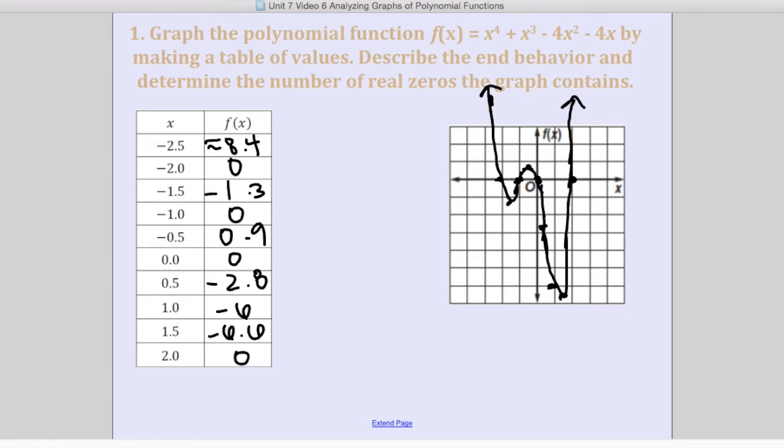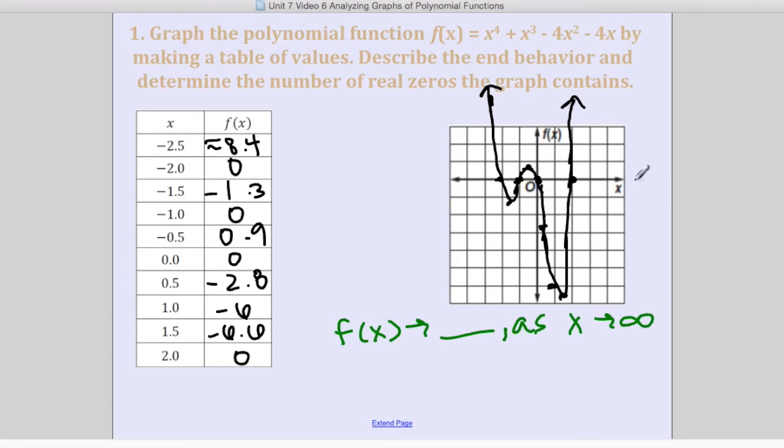Okay, my end behavior. Sometimes they write it the opposite, so let's just try that. Let's do: f of x goes to blank as x goes to infinity.